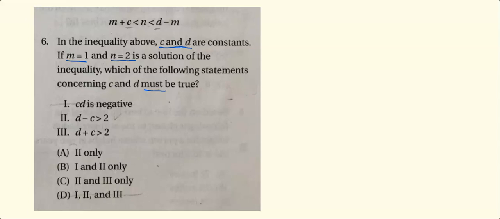So let's start with substituting 1 in place of M. So we end up with 1 plus C less than, and now N equals 2, so I'm going to substitute a 2 in here, and that's less than D minus, and again we're going to substitute 1.